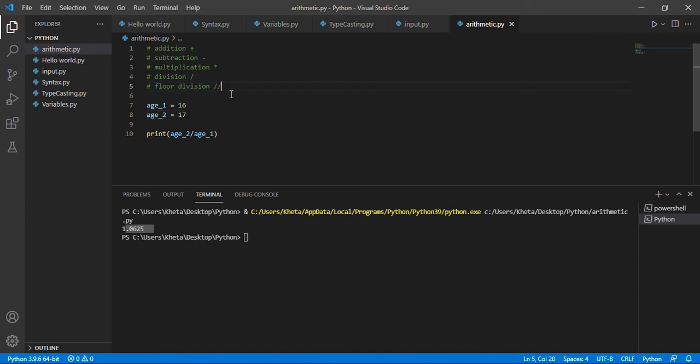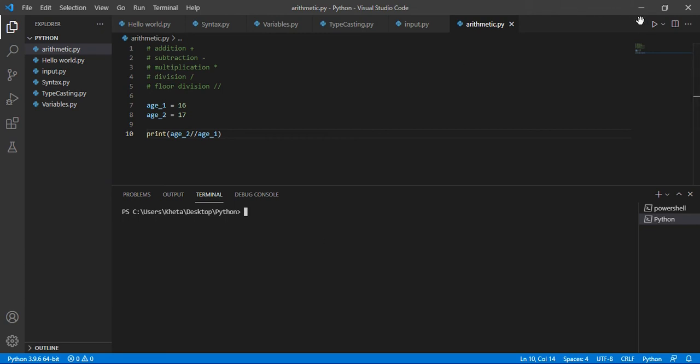So it goes down to the lowest integer possible, which will be the whole number that you have as part of your answer. So in this case, our answer when we use the normal division is 1.0625. And if we use floor division, we expect to get 1 as our answer because it will just eliminate the fractional part, and there we have it, 1.